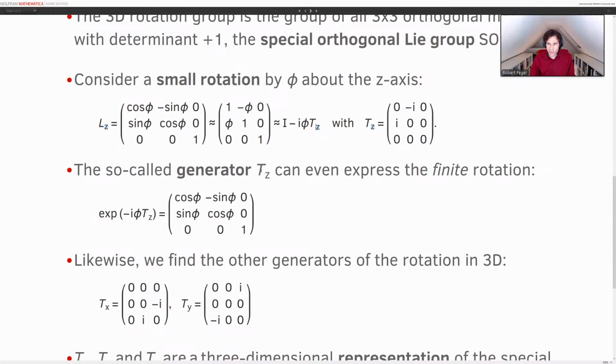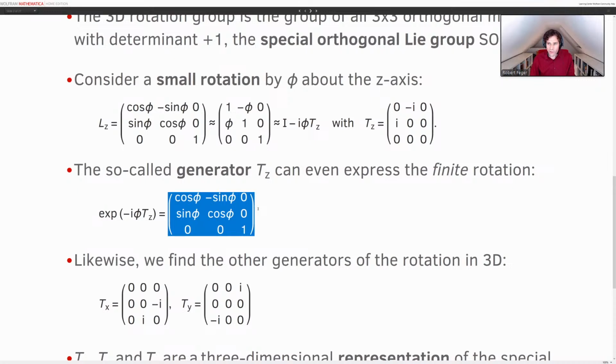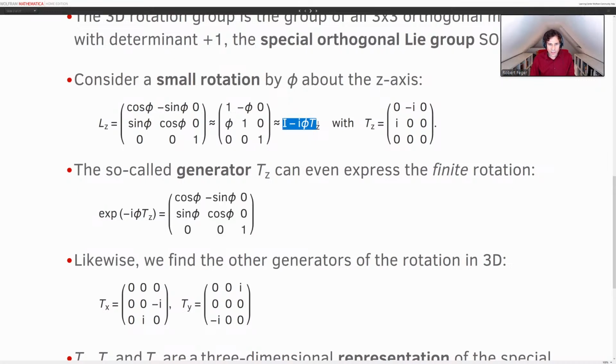And the nice thing about this generator is you can express the finite rotation with it. So here you see by exponentiating this term up here, you retain the whole transformation for the finite rotation. Essentially, this term up here is just the Taylor expansion of this exponential here up to the linear term.